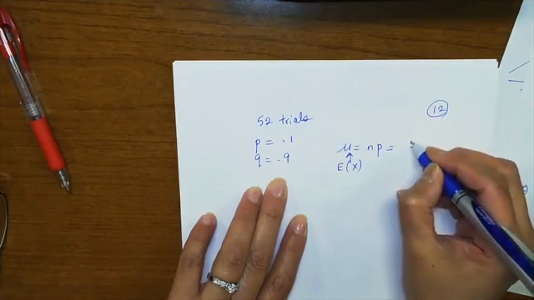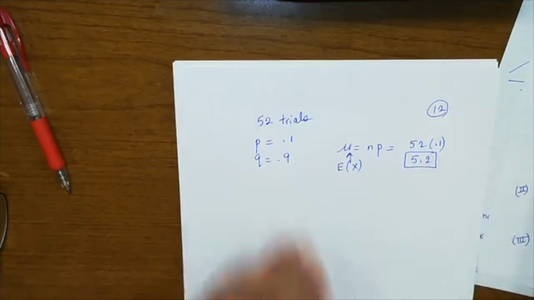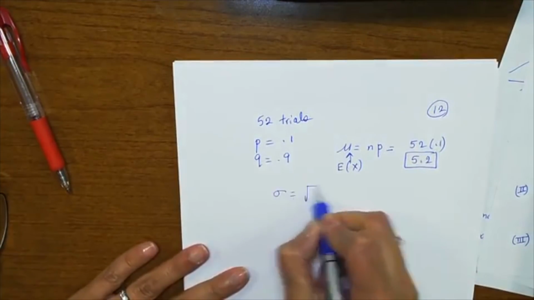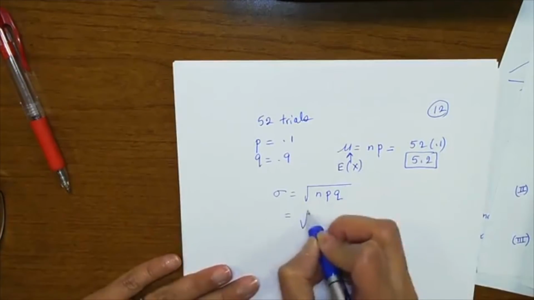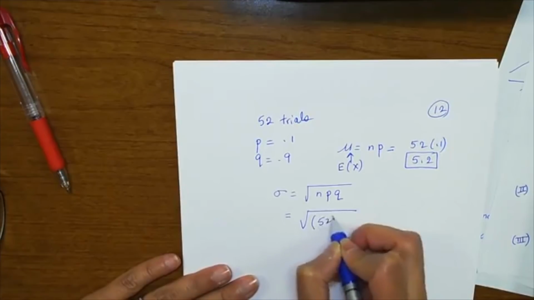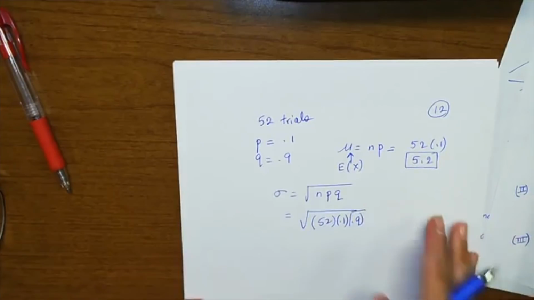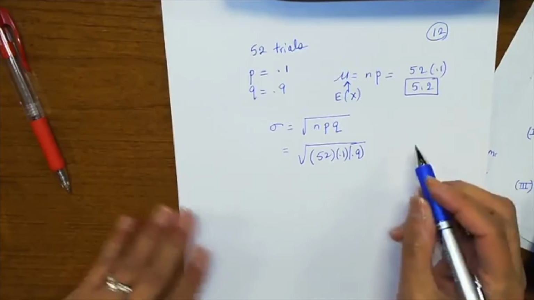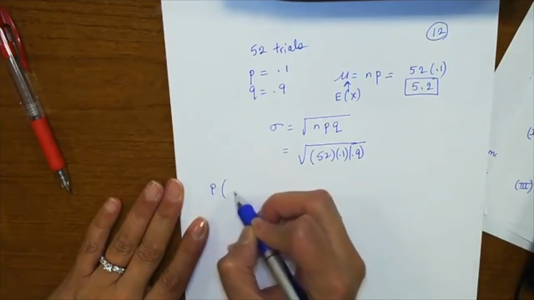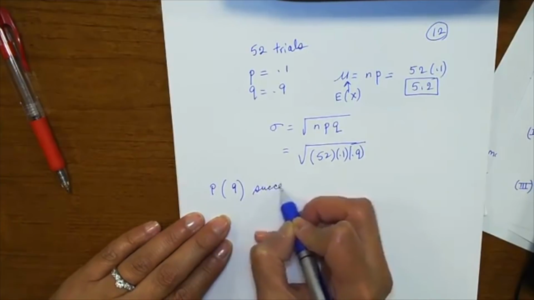So N is 52, P is 0.1, so it's 5.2. Find the sigma. Rad NPQ. It's only good for binomial. So this is rad. N is 52, P is 0.1, Q is 0.9. So whatever it turns out to be, I don't care about the number. Next question.